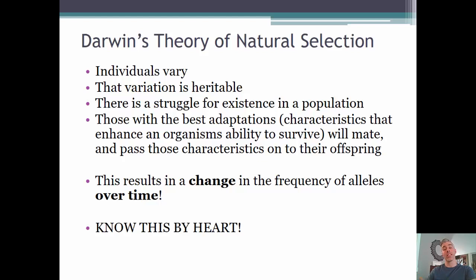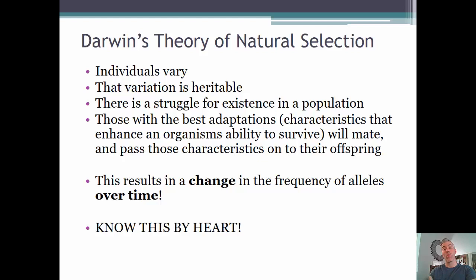There's a struggle for existence, which, remember, Darwin found from Malthus, who said that there is a limited number of resources, and because of that, if the population gets too large, there's going to be a struggle for existence. We're going to die because of war, famine, competition, disease, all that stuff. And then because of that struggle, the individuals that have the best adaptations, characteristics that will enhance their ability to survive and reproduce, will mate more often and therefore pass the characteristics that are better on to their offspring.